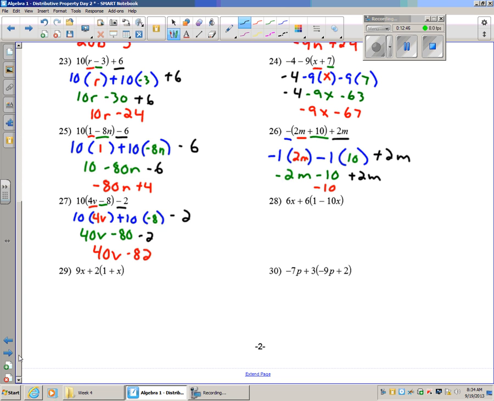Number 28. The 6x just drops down. And the 6 is what's being distributed to two different things.